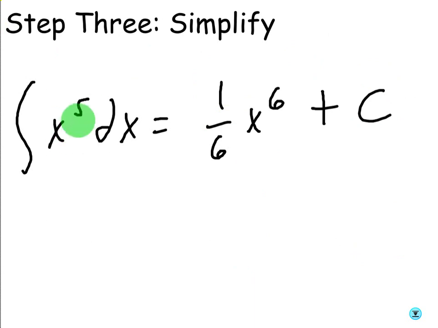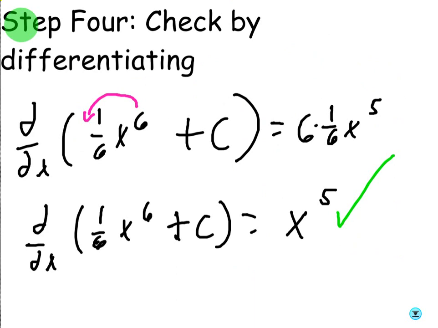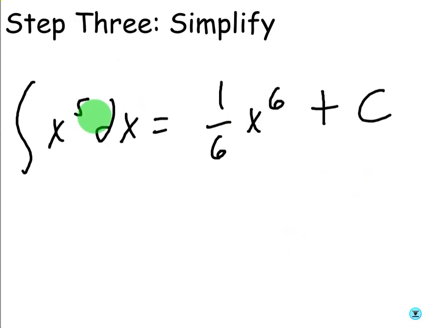So if we take the derivative of 1/6 x to the 6th, move the 6 down, so 6 times 1/6, which just becomes 1, right? And 1 times x, and then we would decrease the power by 1 using the original power rule, it becomes 5, and that gives us x to the 5th, which was the original function we started with, which confirms what we just showed.